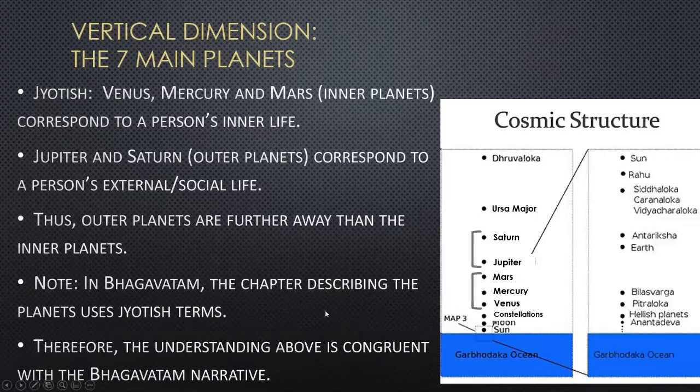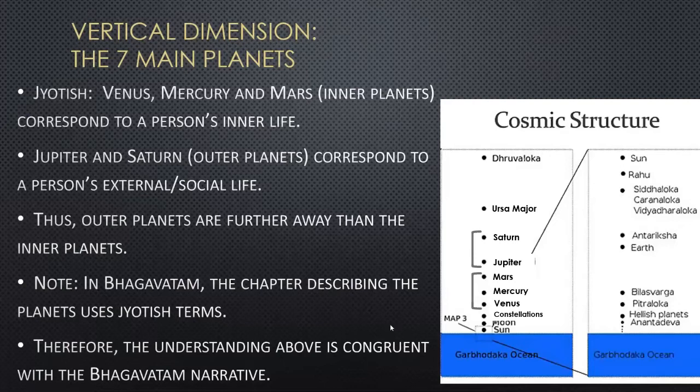And it is also important to note that the Bhagavatam, in this chapter where it describes the planets, describes them in Jyotish terms. So this interpretation that we're giving here right now is appropriate. And this is also congruent with the Bhagavatam narrative of talking about everything in terms of Jyotish.